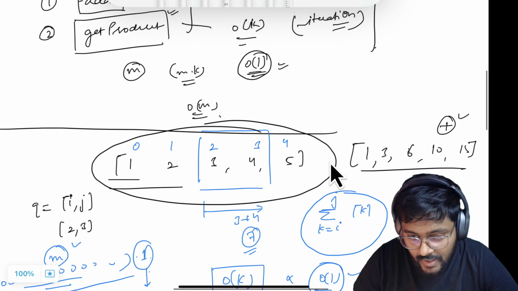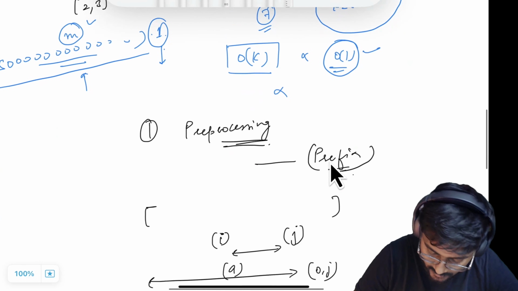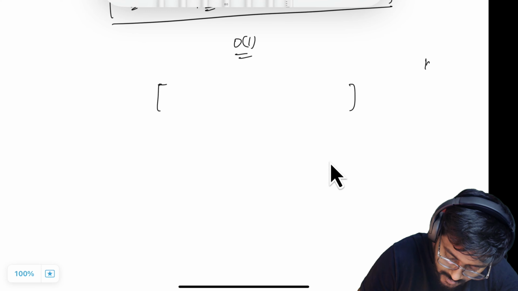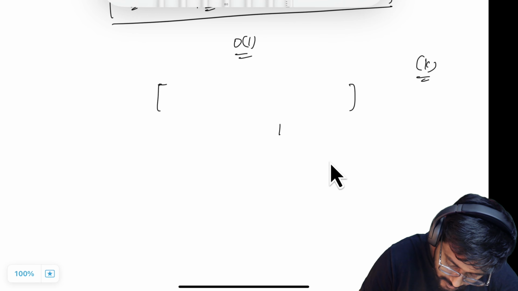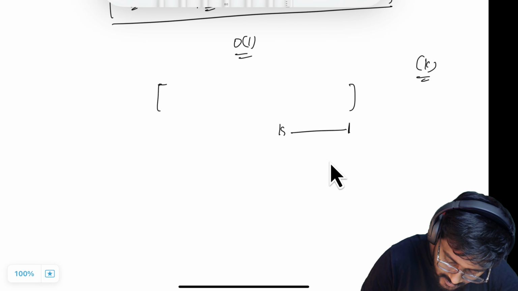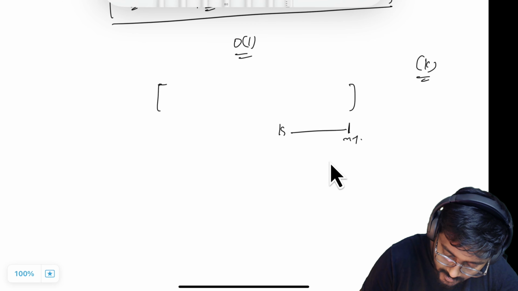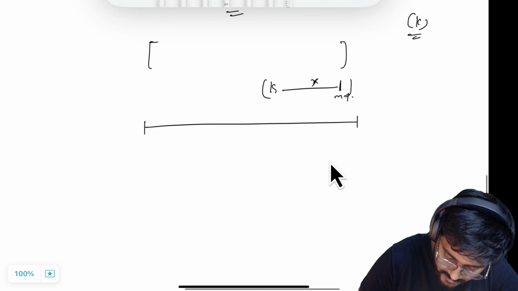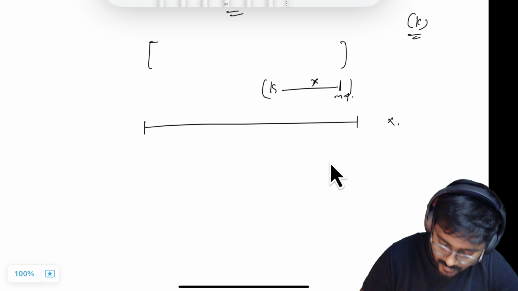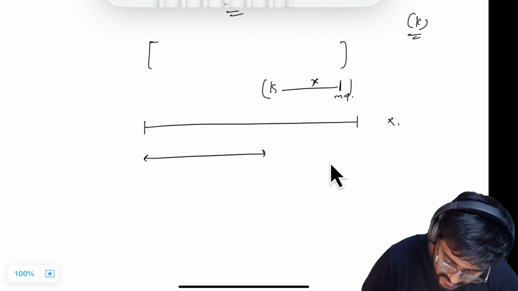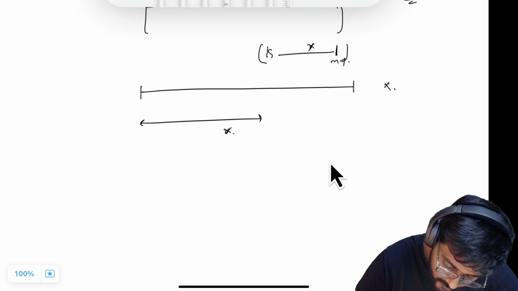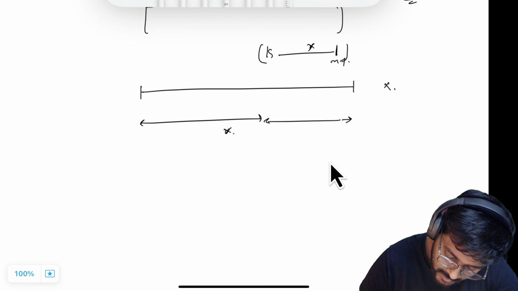They are requiring the product of the last k elements. Say you are given an array and they are going to give us k, and from k till the last index, which is n minus 1, I need to get the product of these values. If I know the product of all of these values, and then the product of these many values, can I find the product of the remaining values?